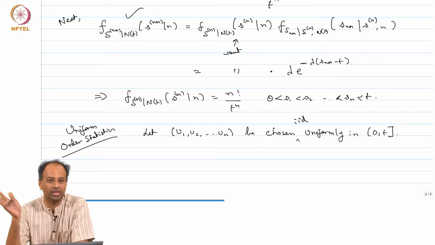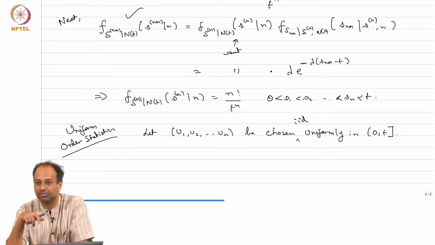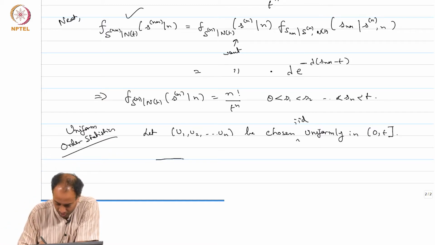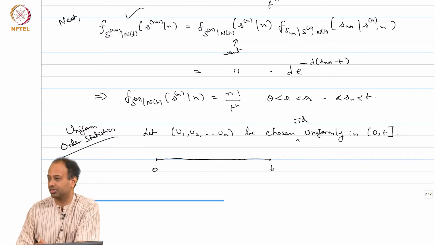If I give you some interval 0 to t, it is like uniformly throwing a dart on this interval, you throw n darts independently, all right. This is 0, that is t. I am throwing darts.